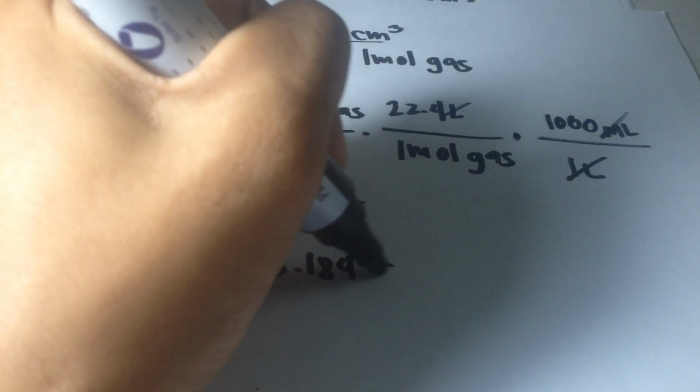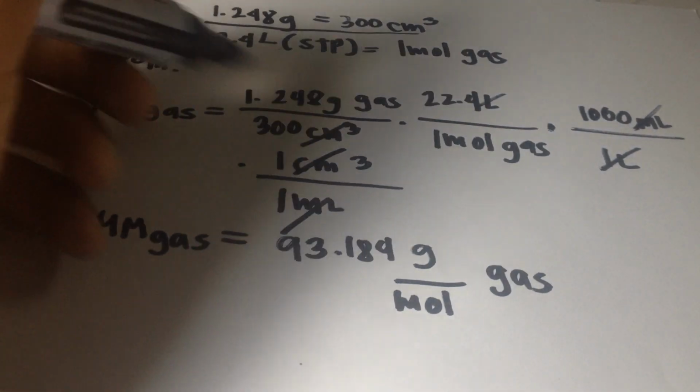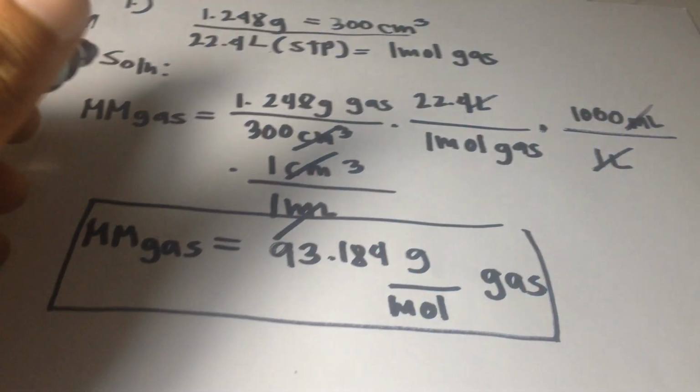So you need to write here grams per mole of gas. So this is your final answer. Okay, did you understand it?